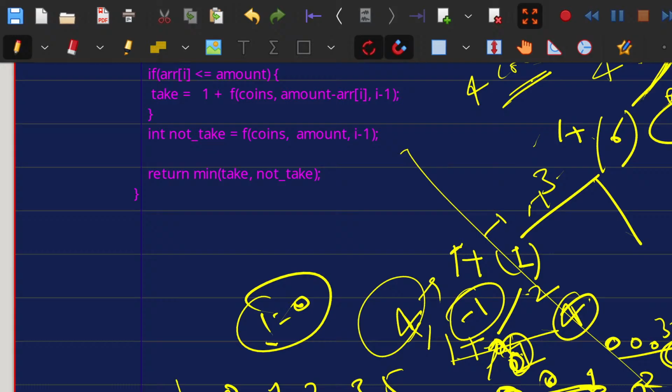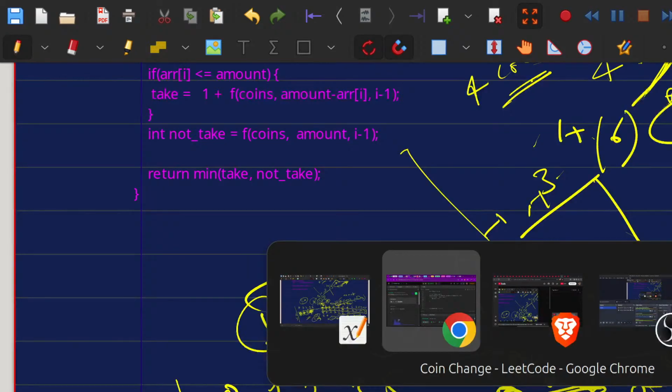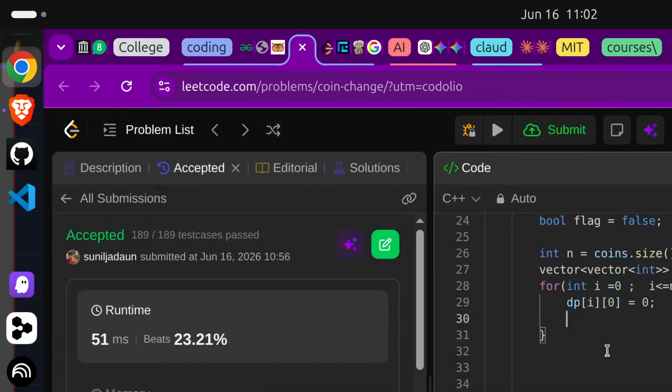Alright, so what I can do, guys, is in the amount, for i is equal to 0, I realize then amount is equal to amount i plus, right? So we can take it like j also. Let's say this is j, this is j, this is j, right?